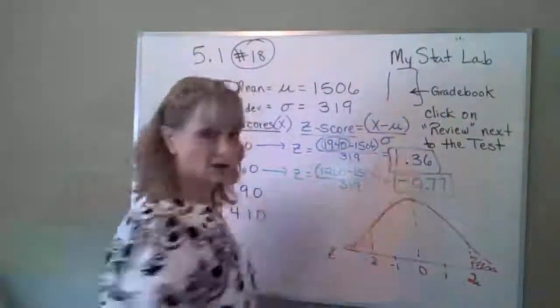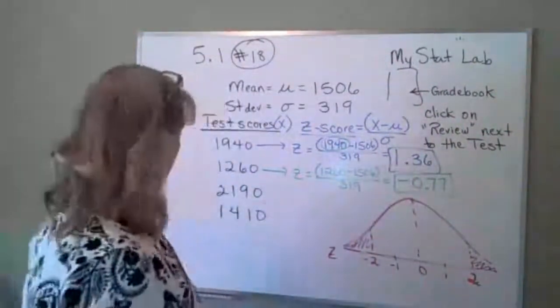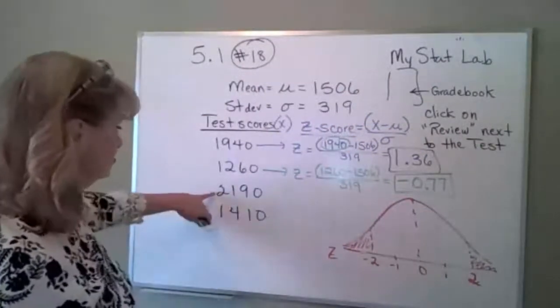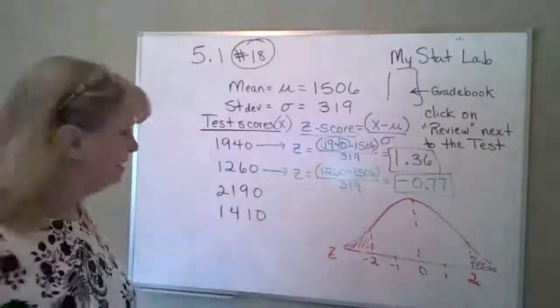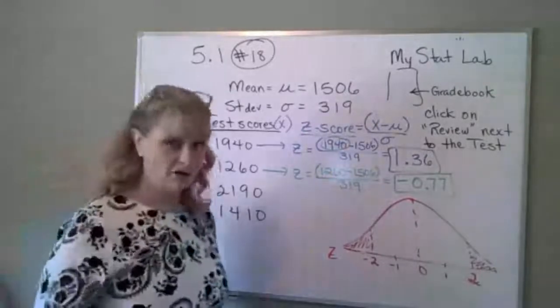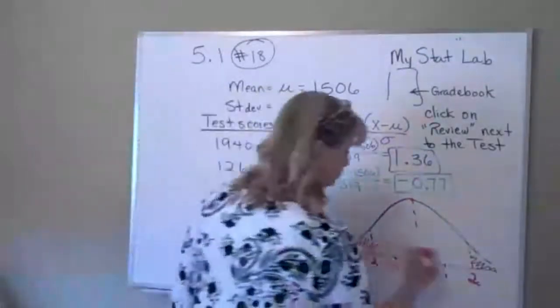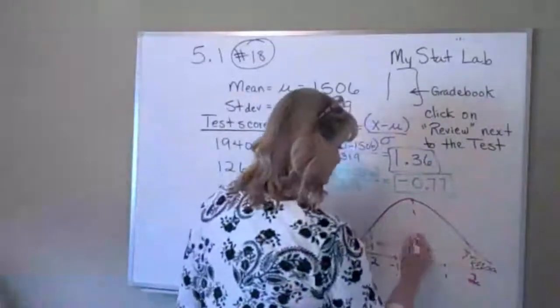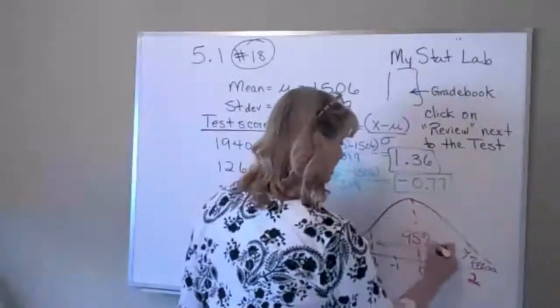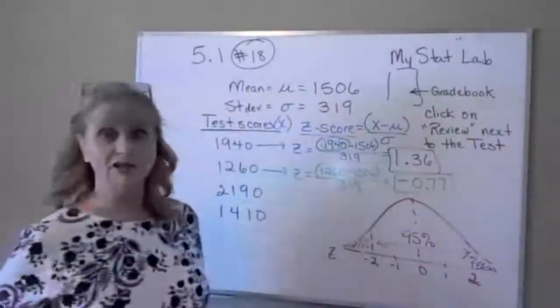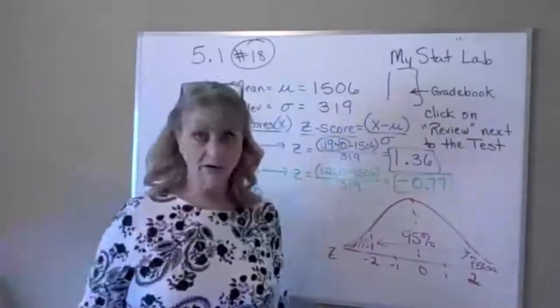Now, so far, neither of these are unusual. By looking at these, if I had to guess, maybe this one is 2190. If its z-score is bigger than 2, then that means it's unusual. So remember, by the empirical rule, 95% of the data values are within 2 standard deviations, and the number of standard deviations is the same as the z-score.